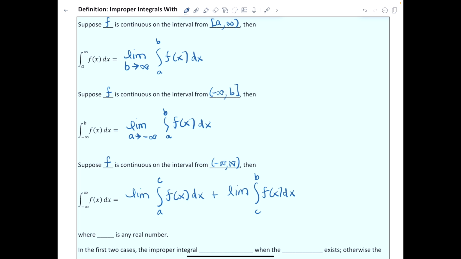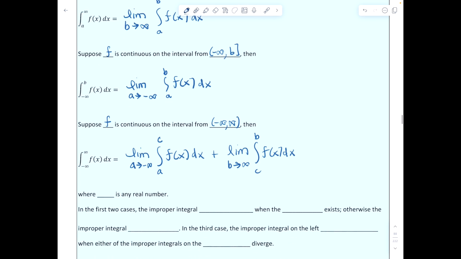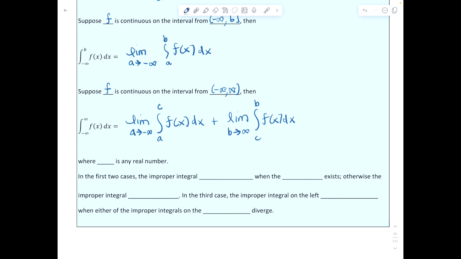Okay? And so for this one, we will have the limit as a approaches negative infinity, and for the second one the limit as b approaches infinity. Cool, cool? So we're just splitting it up into 2. All right? Now, where c is any real number, just pick something easy, right?